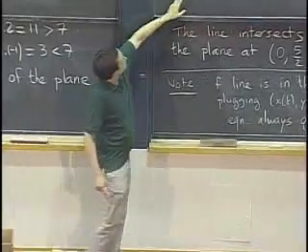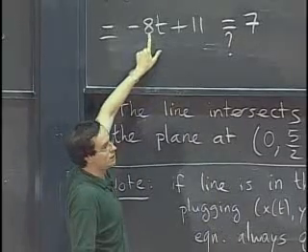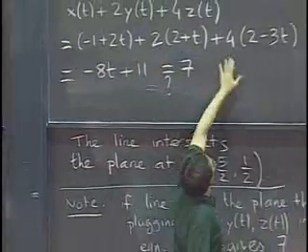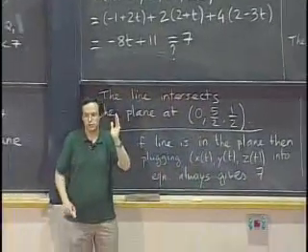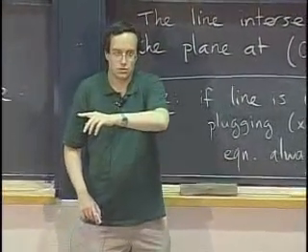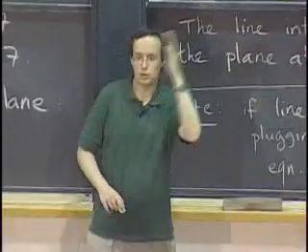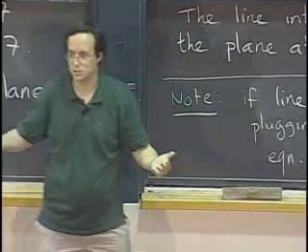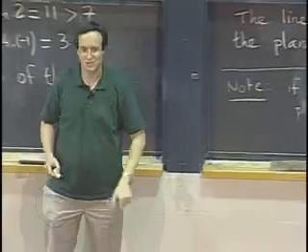In fact, if you think this through carefully, the coefficient of t that you get here is 1 times 2 plus 2 times 1 plus 4 times minus 3. It's the dot product between the normal vector of the plane and the vector along the line. So this coefficient becomes 0 exactly when the line is perpendicular to the normal vector. That means it's parallel to the plane. So everything makes sense. Okay, if you're confused about what I just said, you can ignore it.